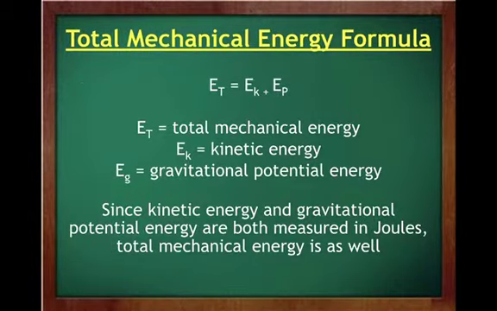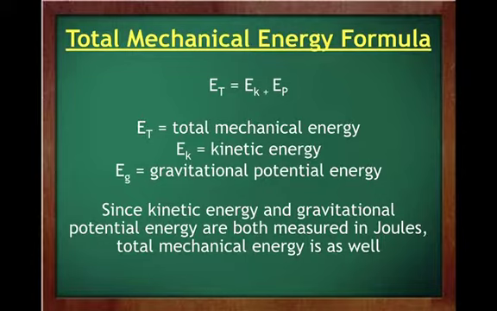When we talk about total mechanical energy, as previously mentioned, it's the sum of an object's kinetic energy and potential energy. In our lesson on gravitational potential energy, we talked about the fact that when an object is at a particular height, it has potential energy, but it's not moving.